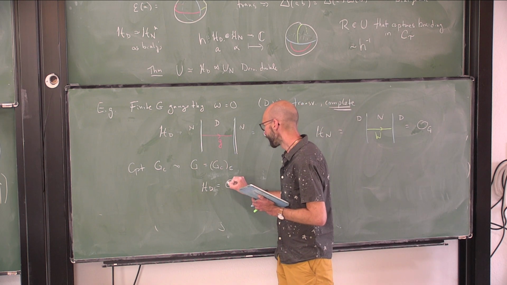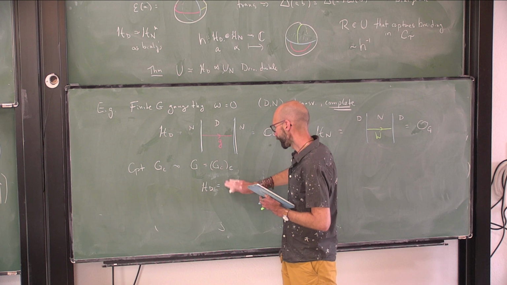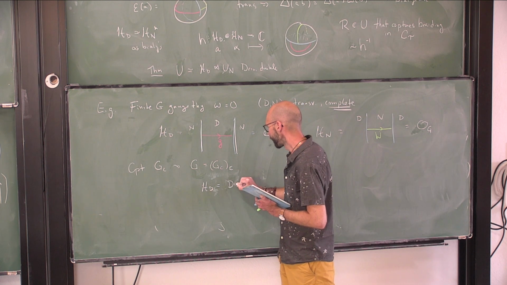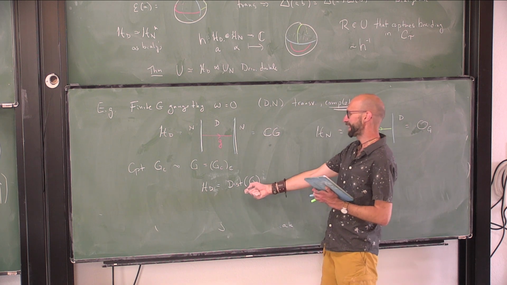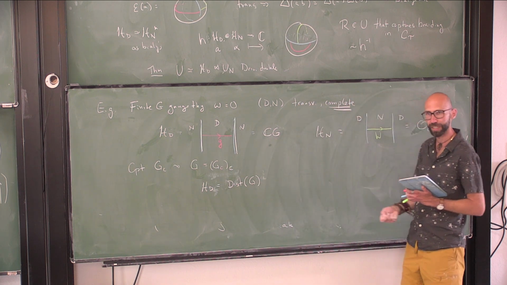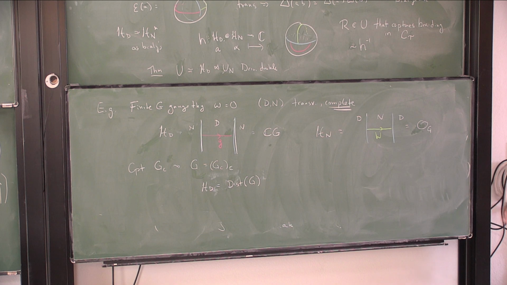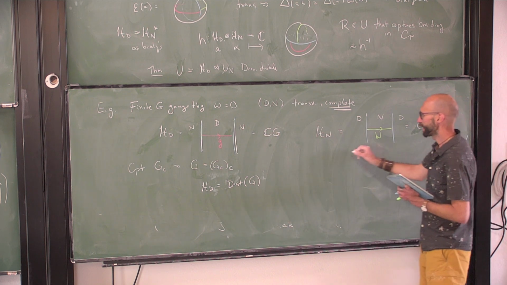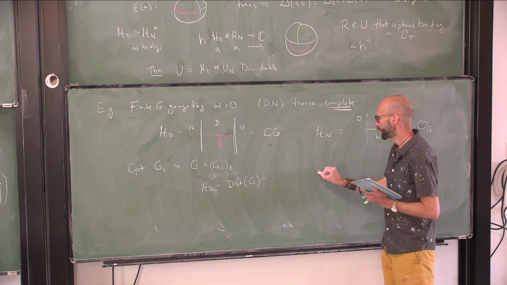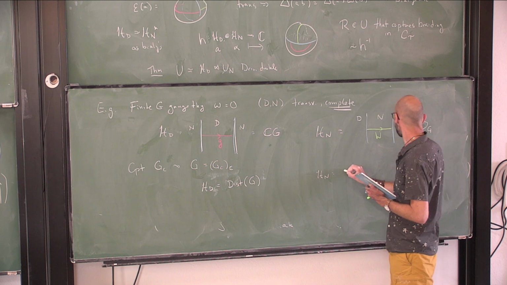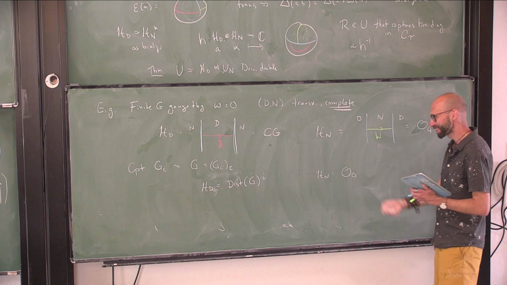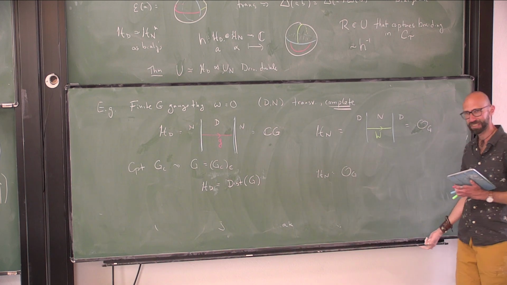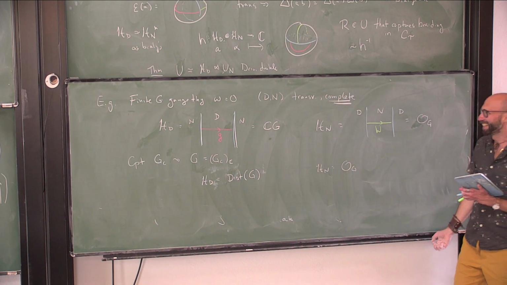HD ends up being distributions on G, which is the thing that is the correct substitute for the group algebra in the infinite case. And HN is still functions on G. And functions and distributions are dual to each other as topological vector spaces.